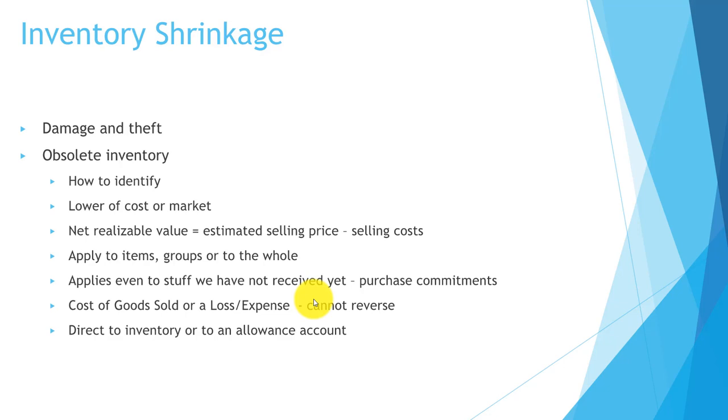Once you have lowered that inventory down to its net realizable value, there is no reversal, meaning if the value goes back up, or something changes again, there is no recovery of that loss in US GAAP. That kind of recovery is allowed under IFRS, by the way.